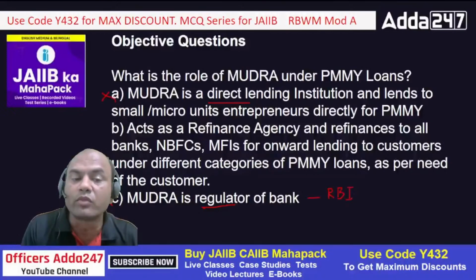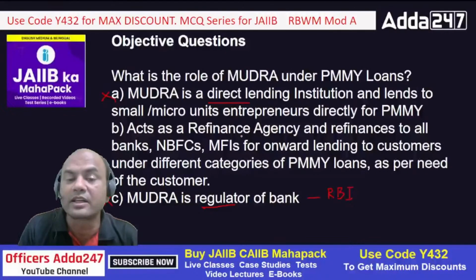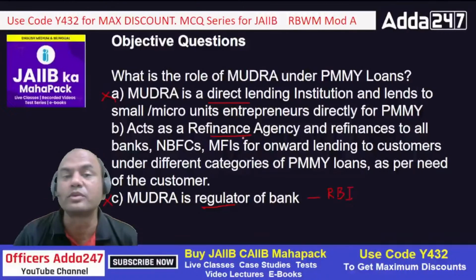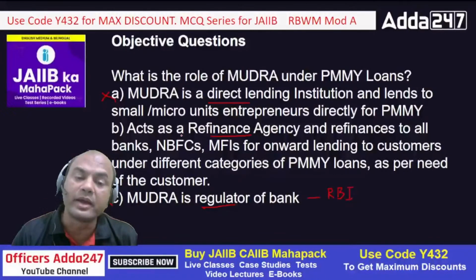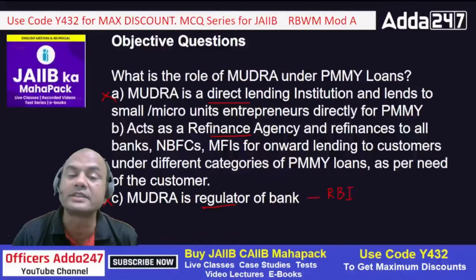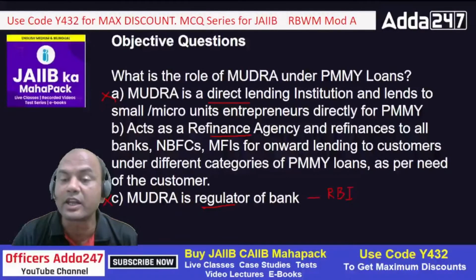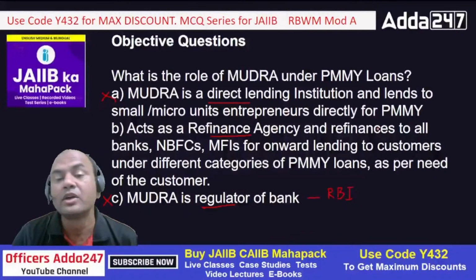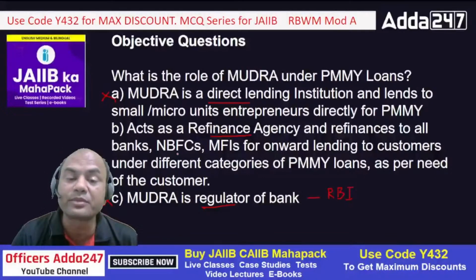B. B means it acts as a refinance agency. When a bank finances any customer, Mudra gives the refinance to that bank for that loan. It's like SIDBI, a soft loans concept. So it acts as a refinance agency and refinances to all the banks, NBFCs and MFIs.